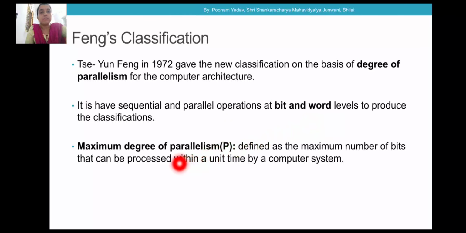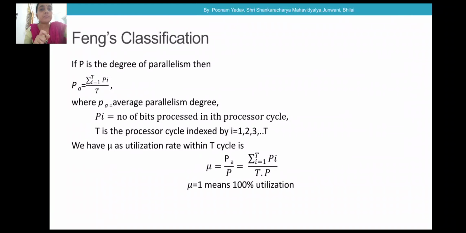Okay, so maximum degree of parallelism P is defined as the maximum number of bits that can be processed within a unit of time for a computer system. For a particular time, the maximum number of bits that can be processed in a unit of time is called the maximum degree of parallelism.